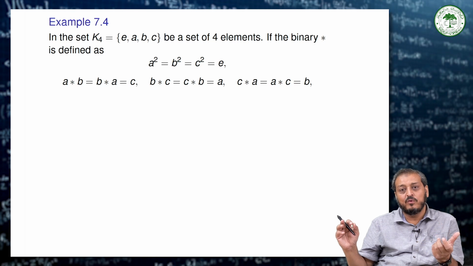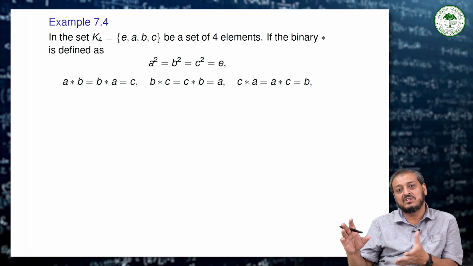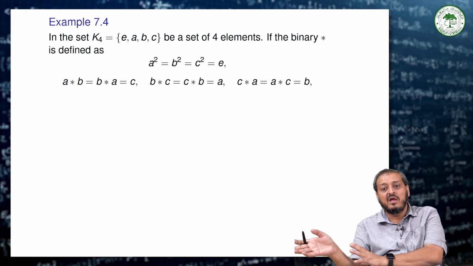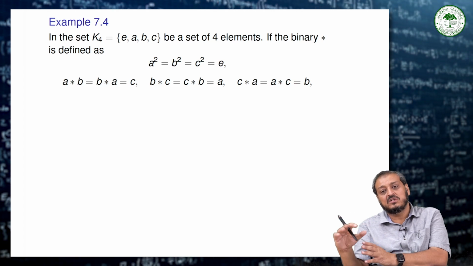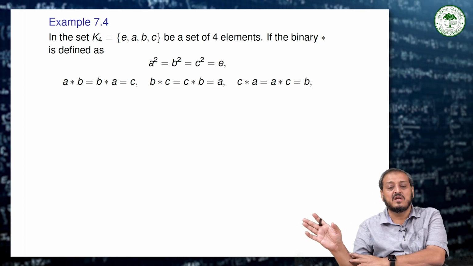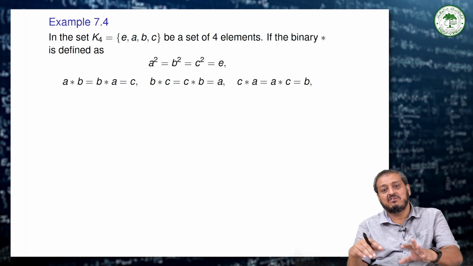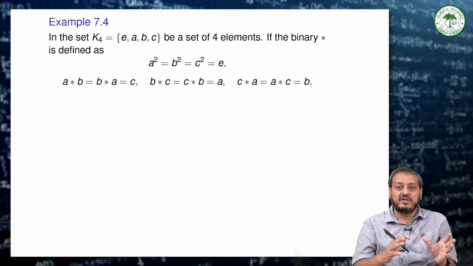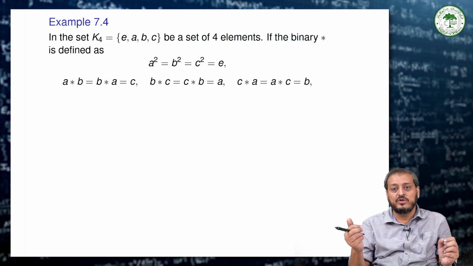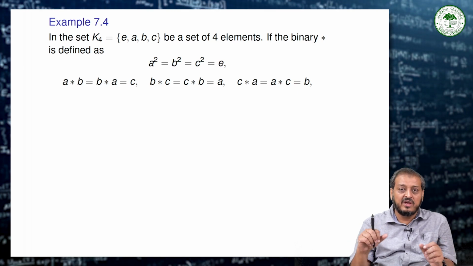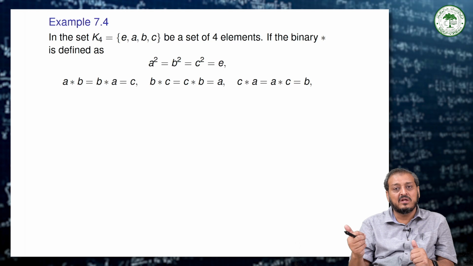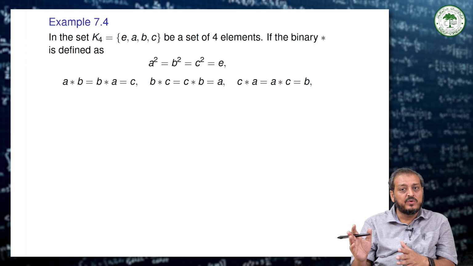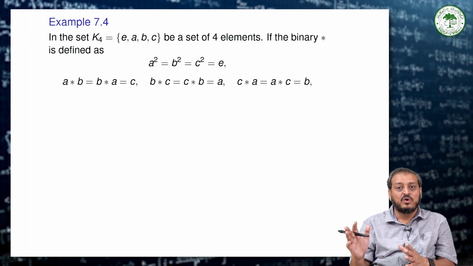If we take the composition of A and B, it gives the third element C, and B composition C and C composition B gives A, and C composition A gives B. So we define the binary operation in such a way that the square of every element is equal to the identity, and the composition of AB produces C, BA again gives C, BC gives A, and CB is again A, and similarly CA is equal to B, and AC is also equal to B.